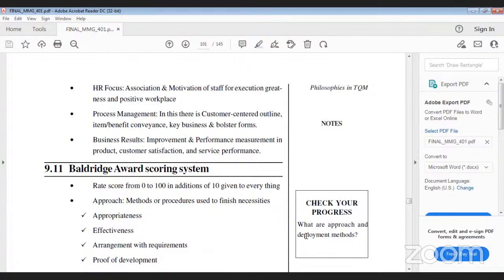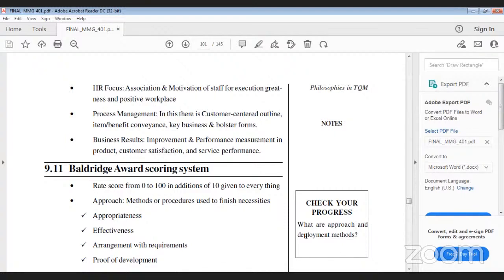The next point is process management. In this there is customer-centric outline and benefit conveyance, key business and support processes also. The next point is business results. Improvement and performance measurement in product and customer satisfaction and service performance.